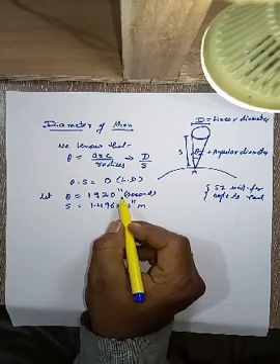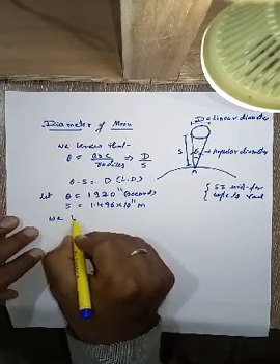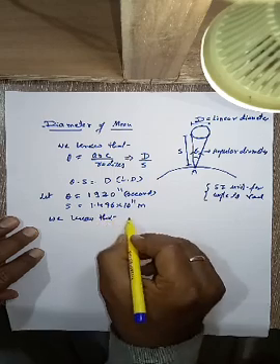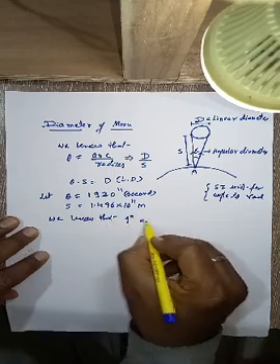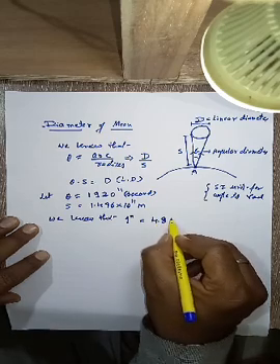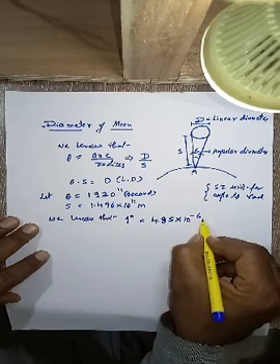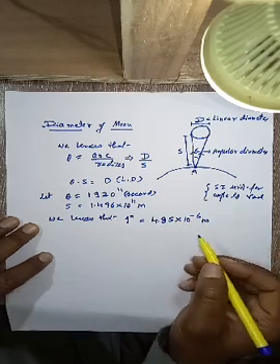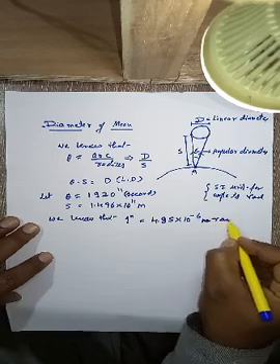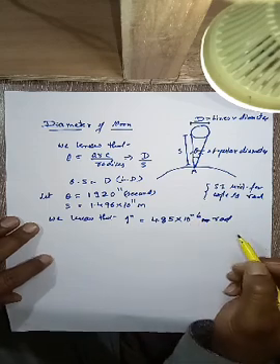So we should apply this. Now we know that 1 second equals 4.85 into 10 to the power minus 6 radian.